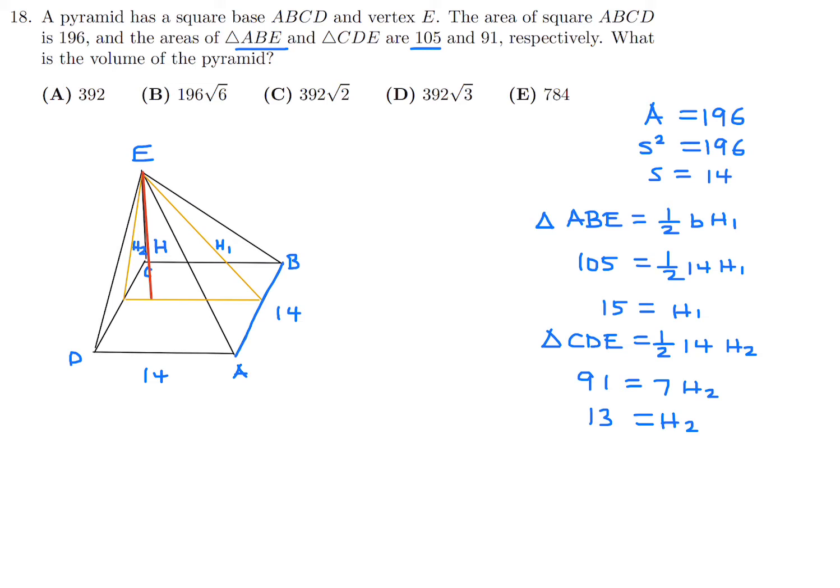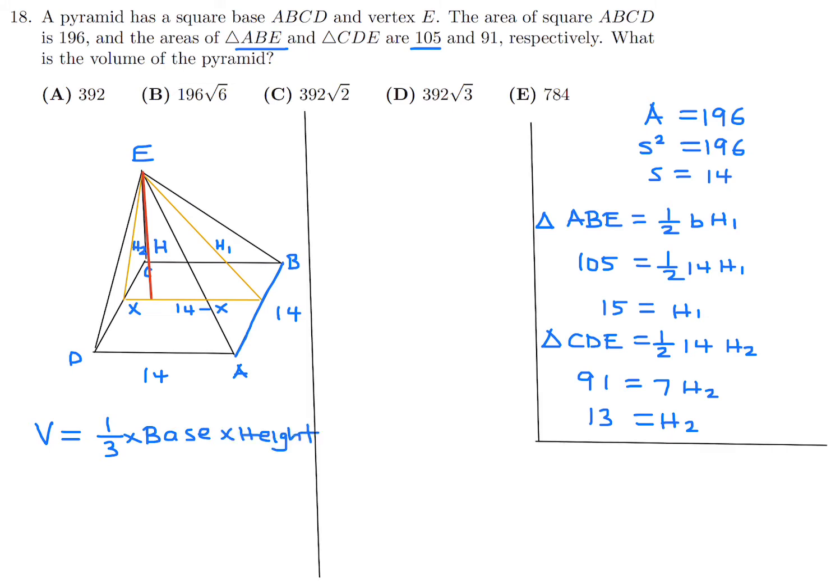From here to here, I'll call that x. And then from here to here, that is 14 minus x, of course. And here we go. We can now use this triangle and this triangle to figure out our value of x and h. And then once we have h, we can figure out the volume of the pyramid, which is 1/3 the base times the height.